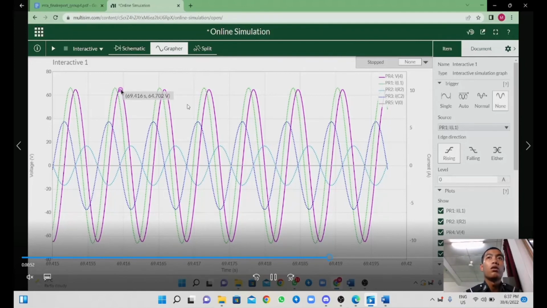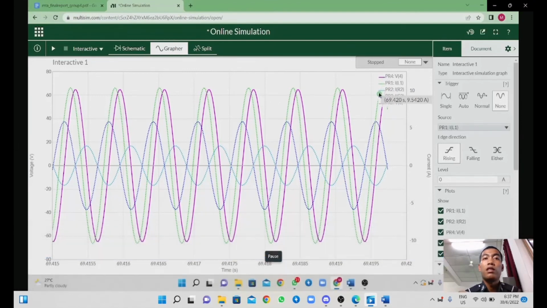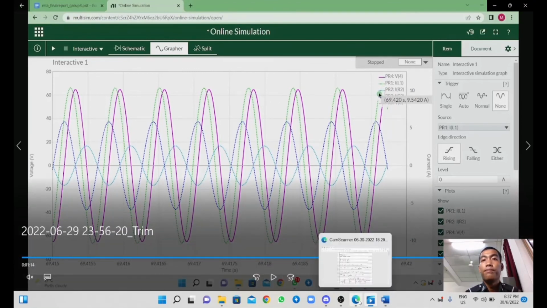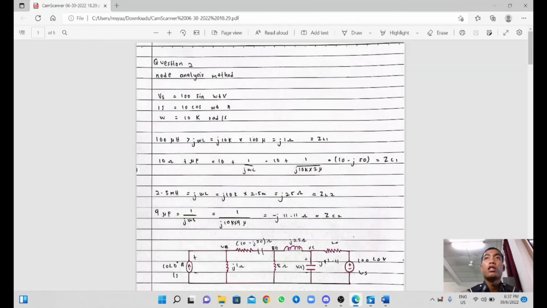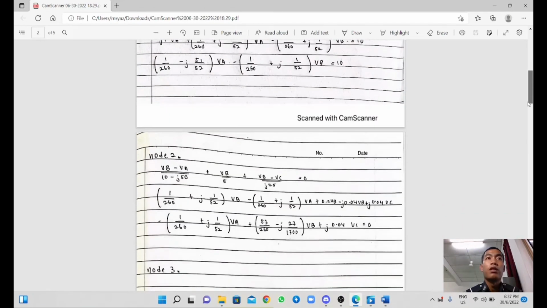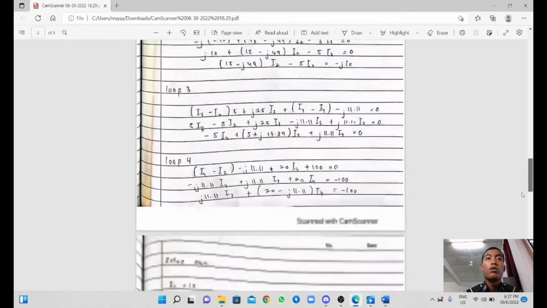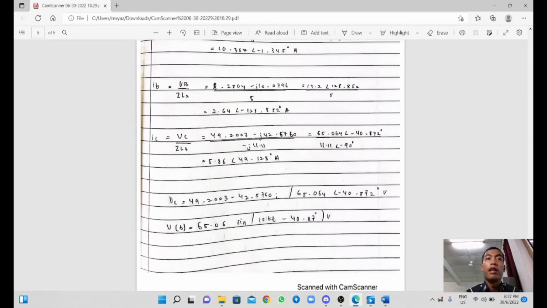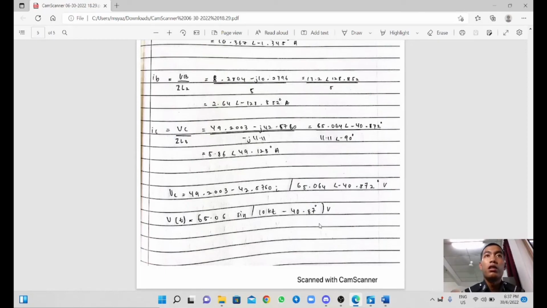This is the value, and PR3 for capacitor 2. This is the value that I have measured, and this is the value for PR2. So for the manual calculation, this is what I have calculated using manual calculation. So I think that's all from me.